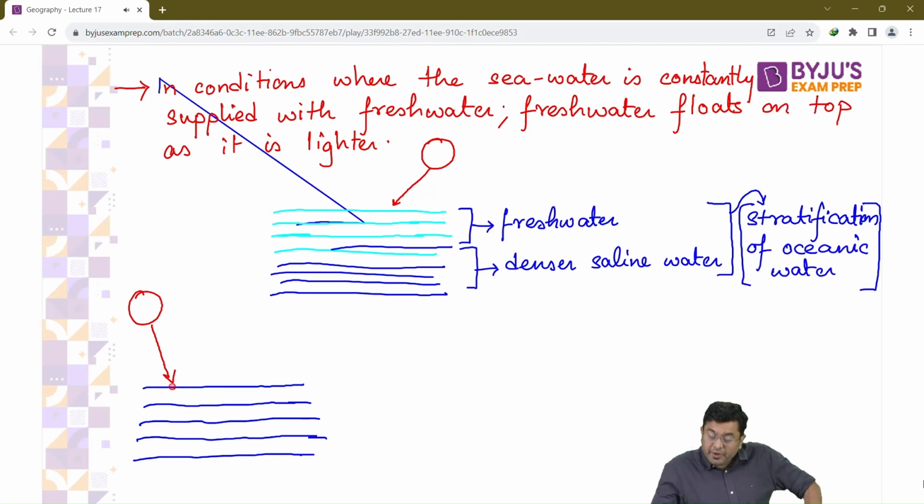So here, we will have the solar insolation, because the water is obviously transparent. So almost transparent, translucent of sorts. So you will have the heat being transmitted all around.